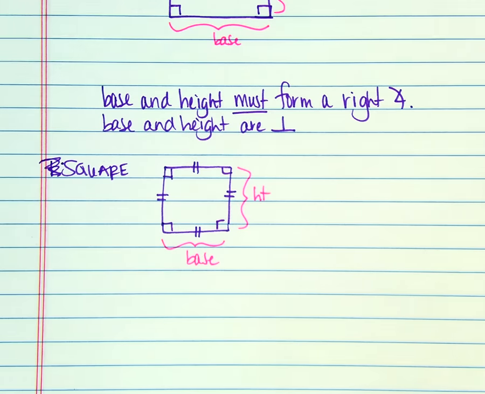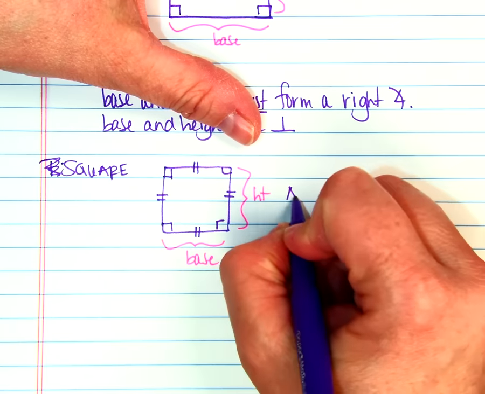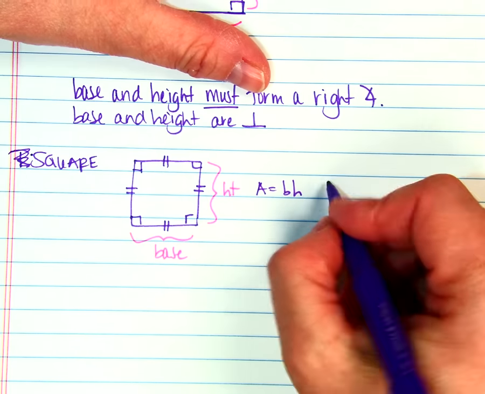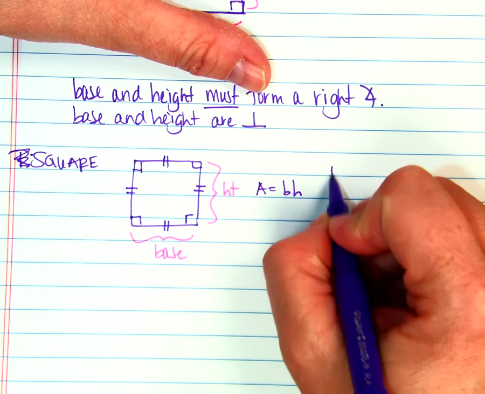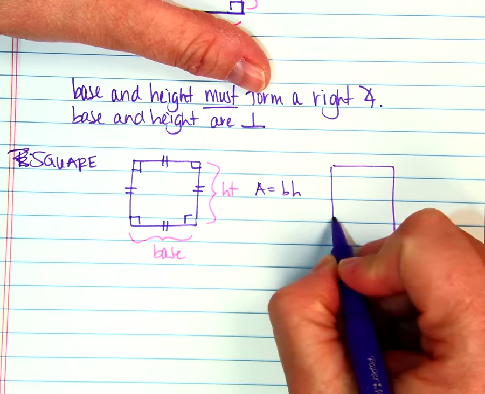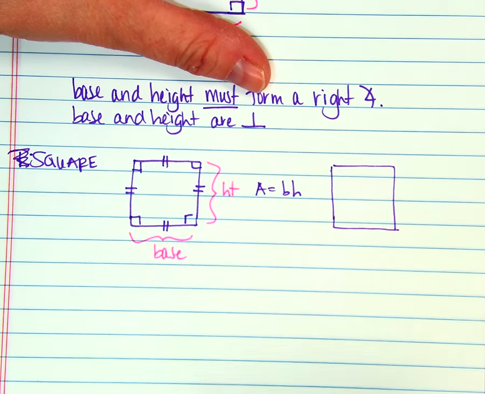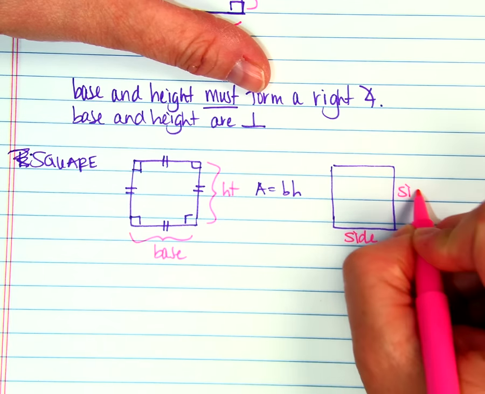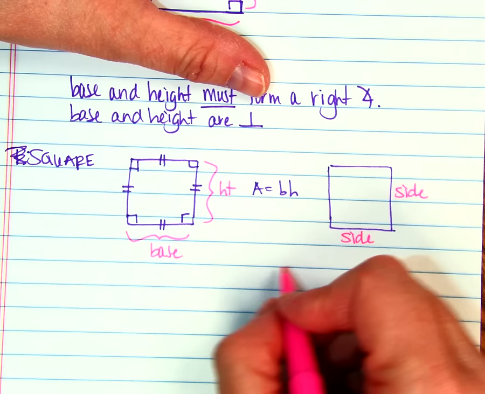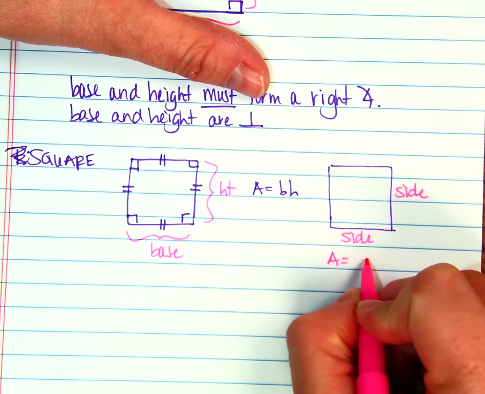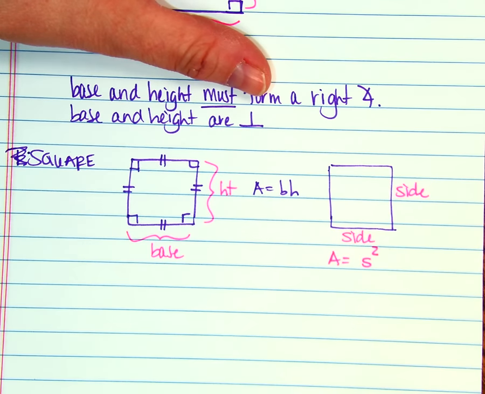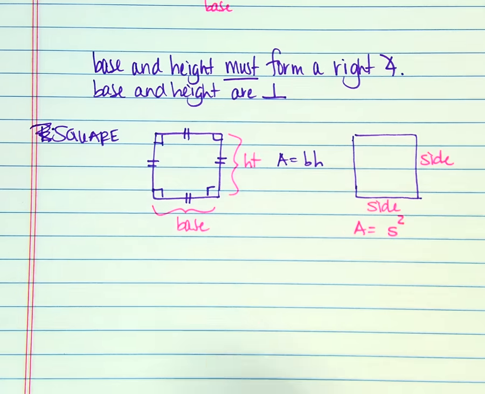But there's something special about a square, so it can still be base times height, or what often you will see is that it will say that this is a side, and this is a side. Well, the sides are the same length, so it could just be area equals the side squared. Okay, so either way you want to look at it.